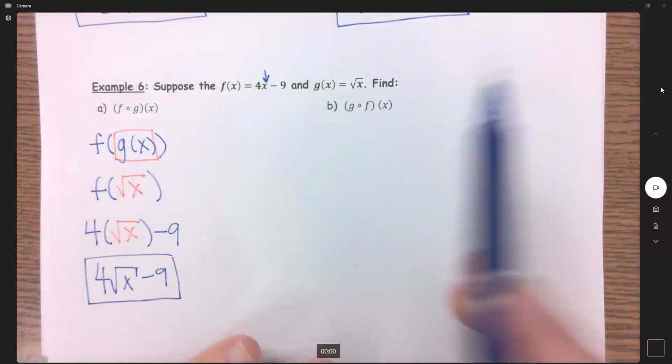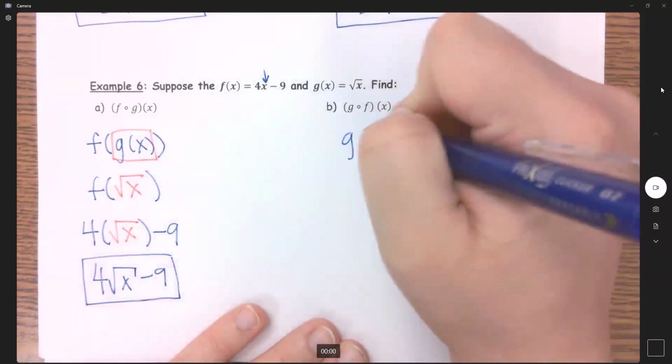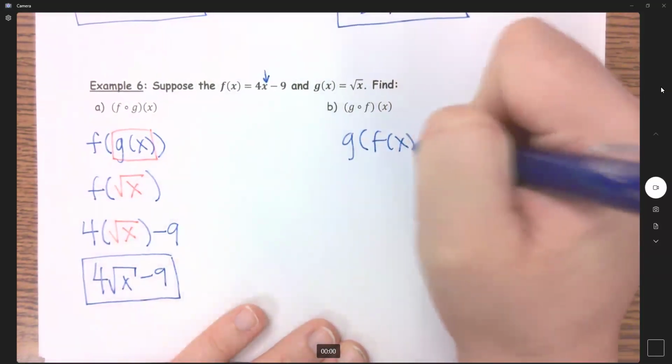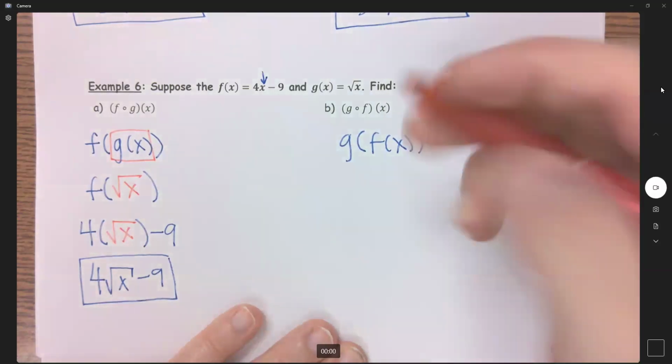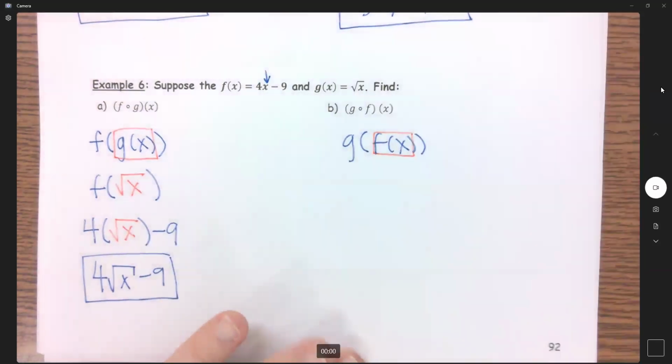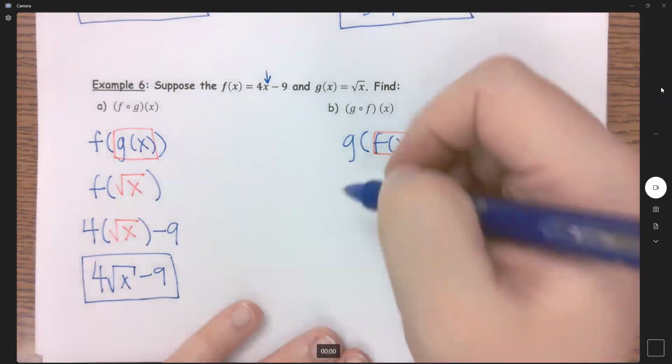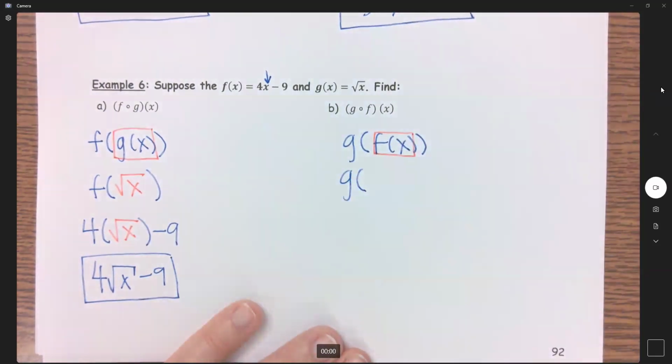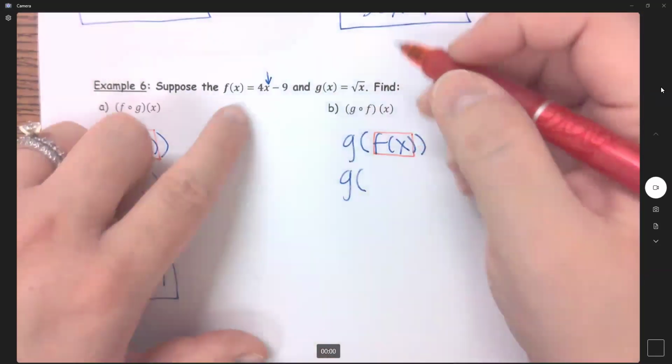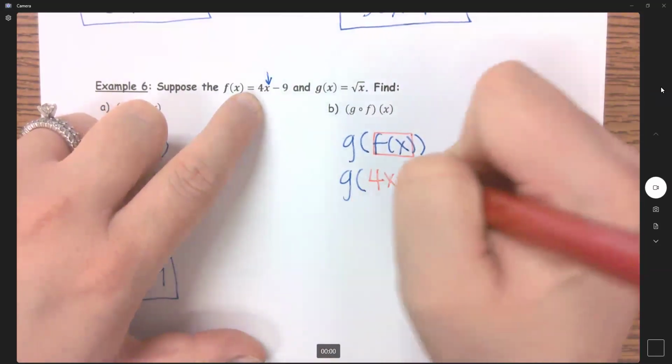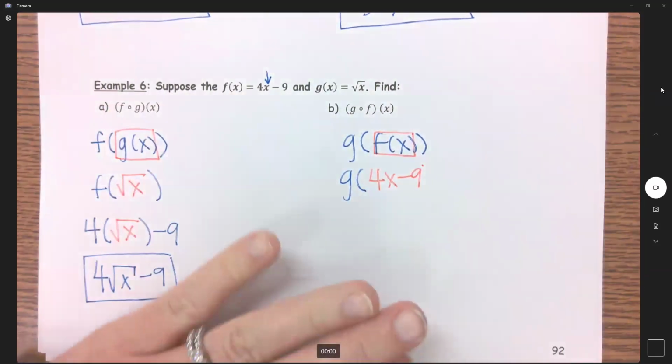G composed of f of x is g of f of x. Starting inside, we're going to replace f of x with what f of x equals. So this is g of, what does f of x equal? It equals 4x minus 9.